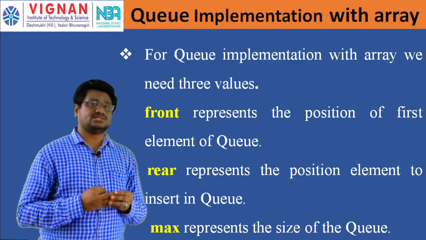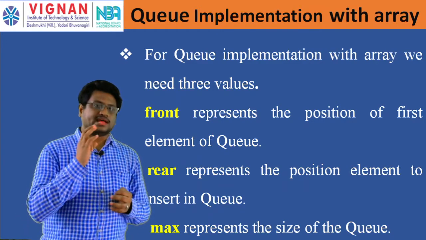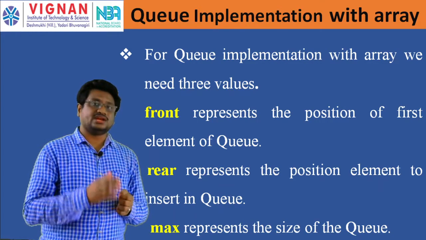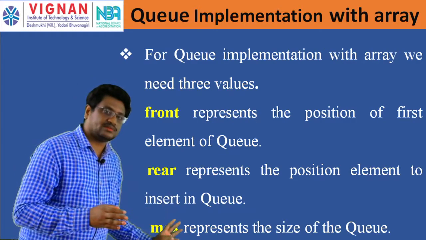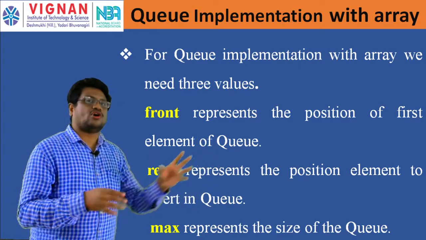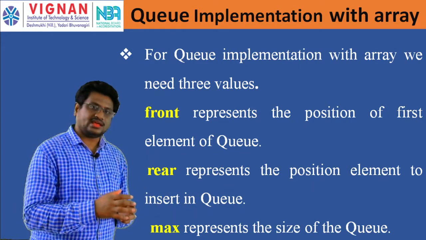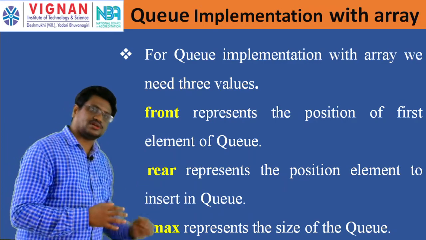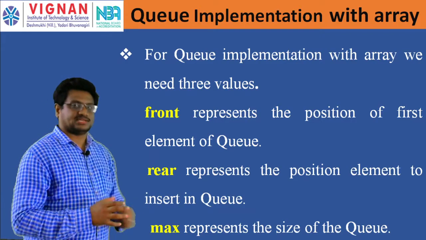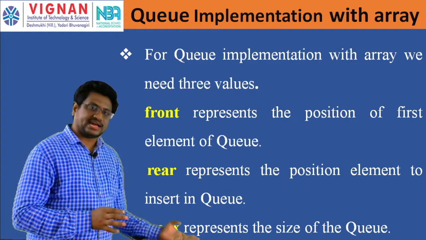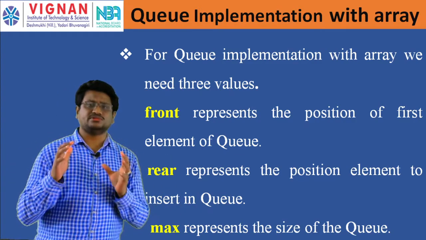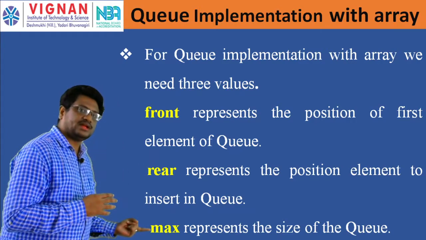Besides these three operations, if I want to convert this array into a queue, I need three variables: the first variable is front, the second is rear, the third is max. Max, as you know in the stack also, represents the size of the queue, so the maximum possible elements in the queue will be given by max.